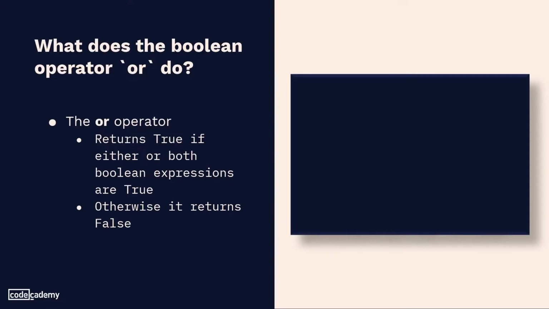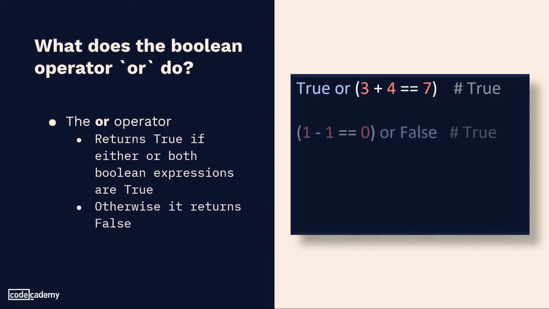Let's take a look at some examples on the right. First, we have true or 3 plus 4 equals 7. Since both sides of the OR Boolean operator are true, the whole expression returns true. Next, we have 1 minus 1 equals 0 or false. The left side of the OR operator is true, but the right side is false.